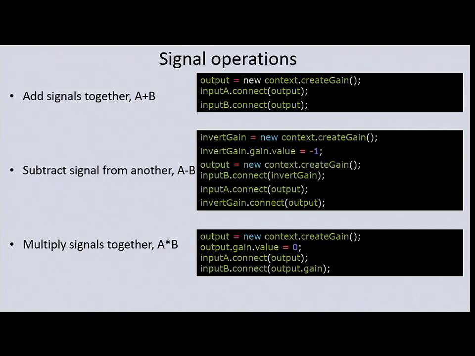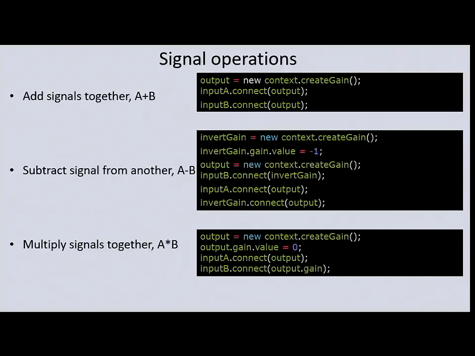To subtract one signal by another, you create a gain node, set that gain to -1, and you invert the signal. You connect a signal to that gain node, that automatically multiplies it by -1.